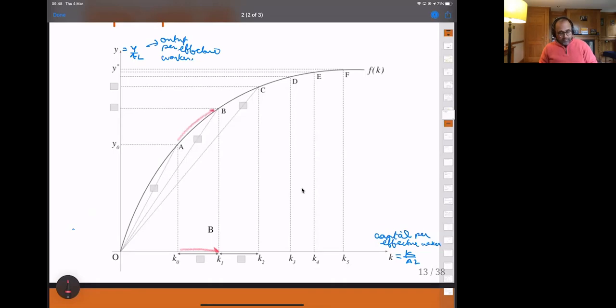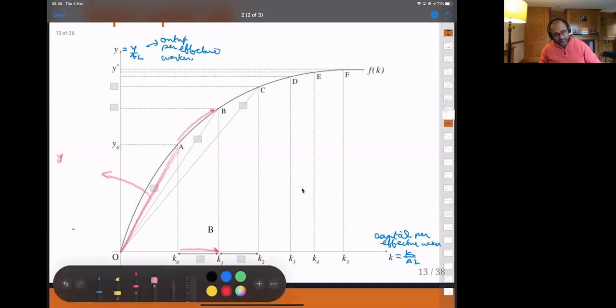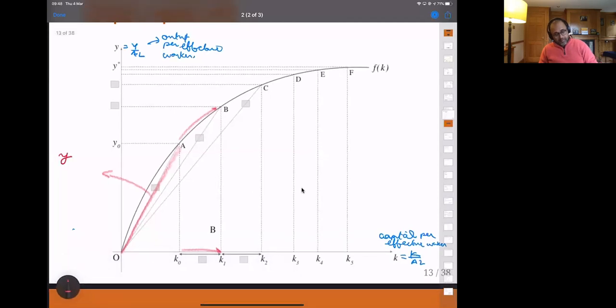Now, the output capital ratio at A is the slope of this line. Why? Because the slope of this line gives you the slope of small y over small k, which is Y over AL divided by K over AL.